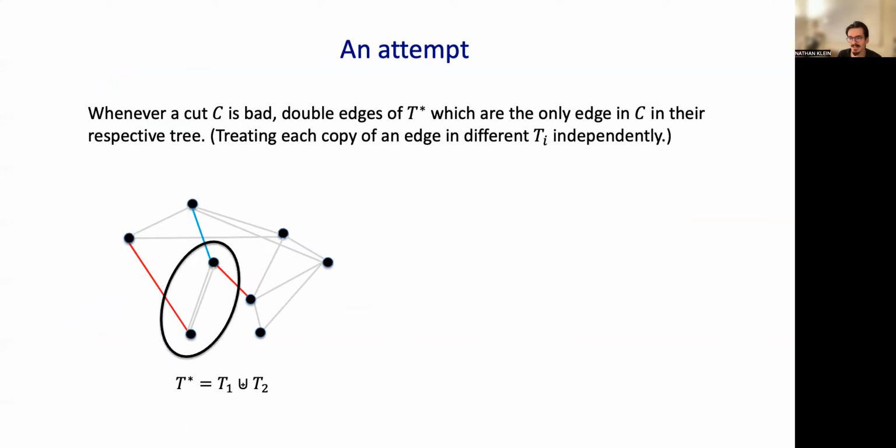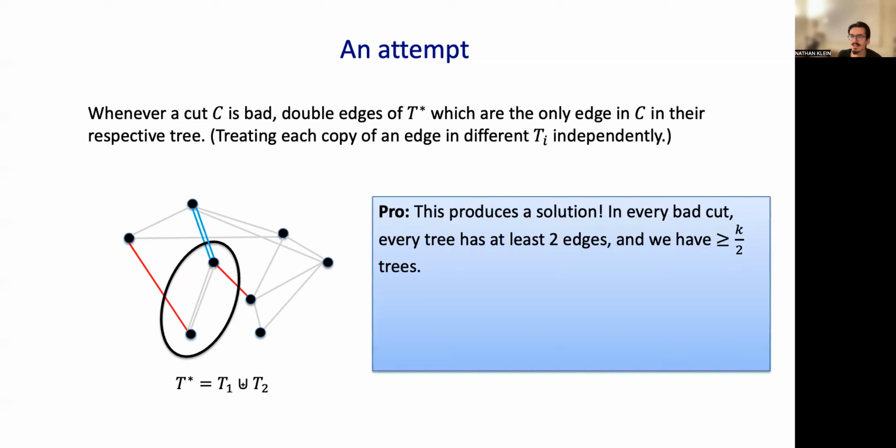Well, if it's this set of edges' fault, we can look at any bad cut, so any cut with fewer than k edges, and just add an additional copy of the edges that we blamed. In this way, for any bad cut, we'll fix it by making sure that actually every tree has at least 2 edges in the cut. So it's at least k after this process.